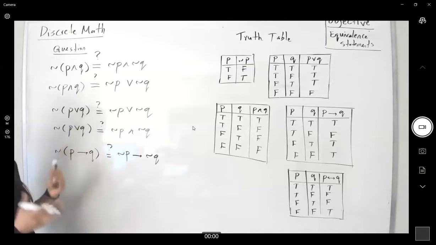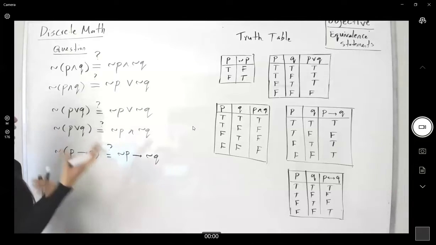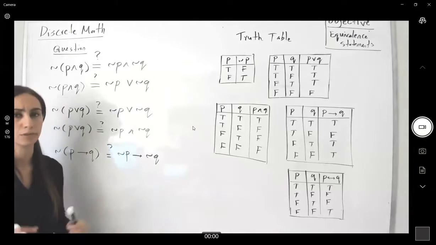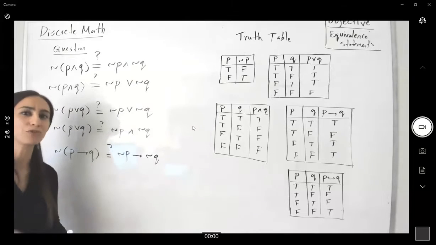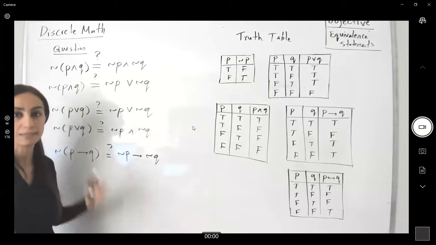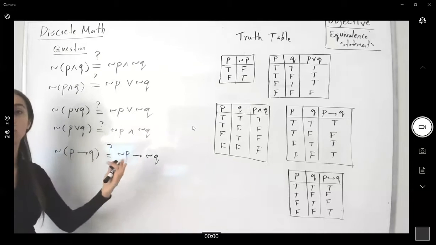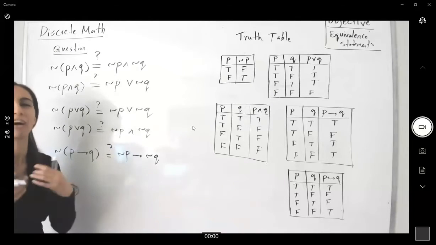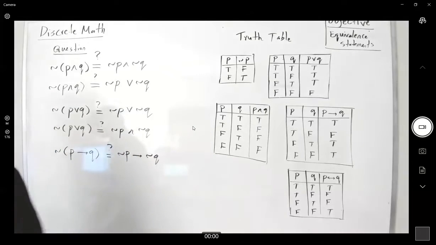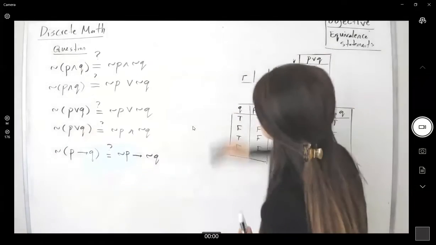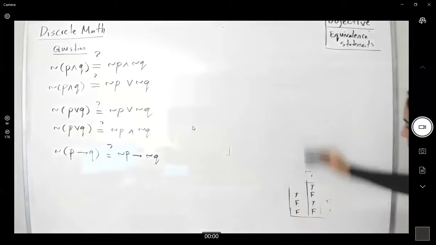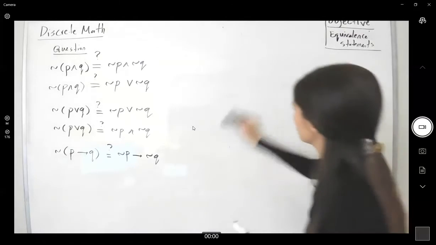So to make sure these are actually equivalent to each other, you're going to construct their truth tables. If they have the exact same truth tables, the validity of the last column is the same, then we have equality, or in this case, we say that we have equivalence statements. Okay, let's take a look at this. So what are we going to do?